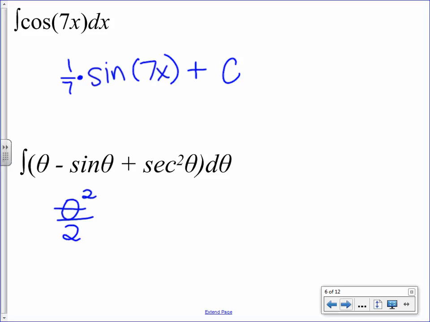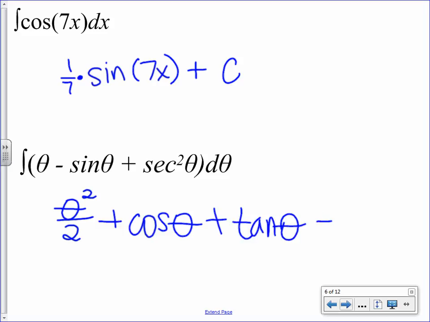Negative sine of theta would go to a positive cosine of theta, because the antiderivative of sine is negative cosine. Antiderivative of secant squared? Tangent of theta. Then don't forget your plus a constant.